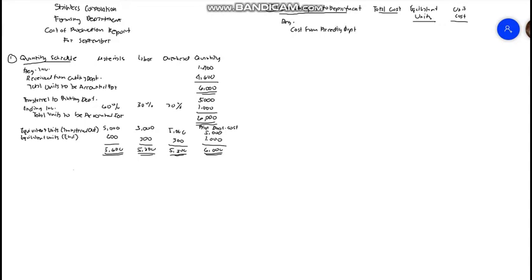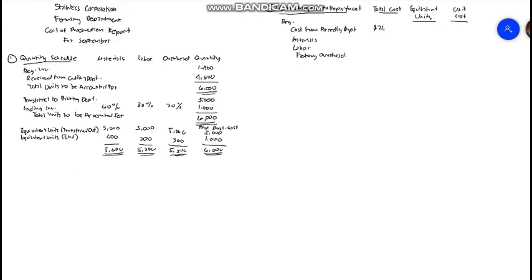cost from preceding department, materials, labor, and factory overhead.